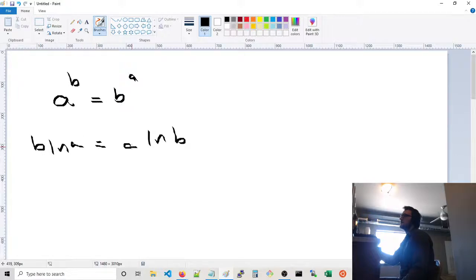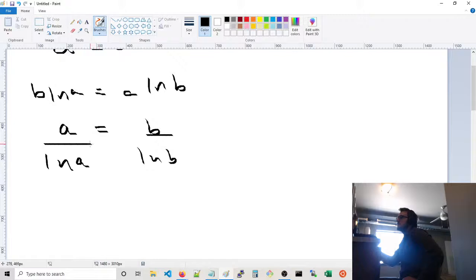But then you have, I don't know, A over natural log A is equal to B over natural log B. Is that right? Divide by natural log B, divide by natural log A, and then we exponentiate both of these to e.